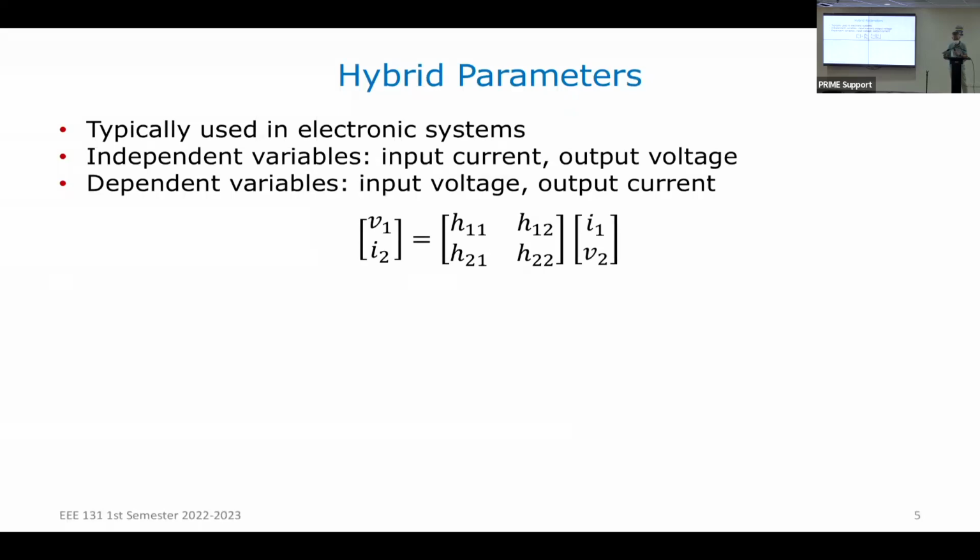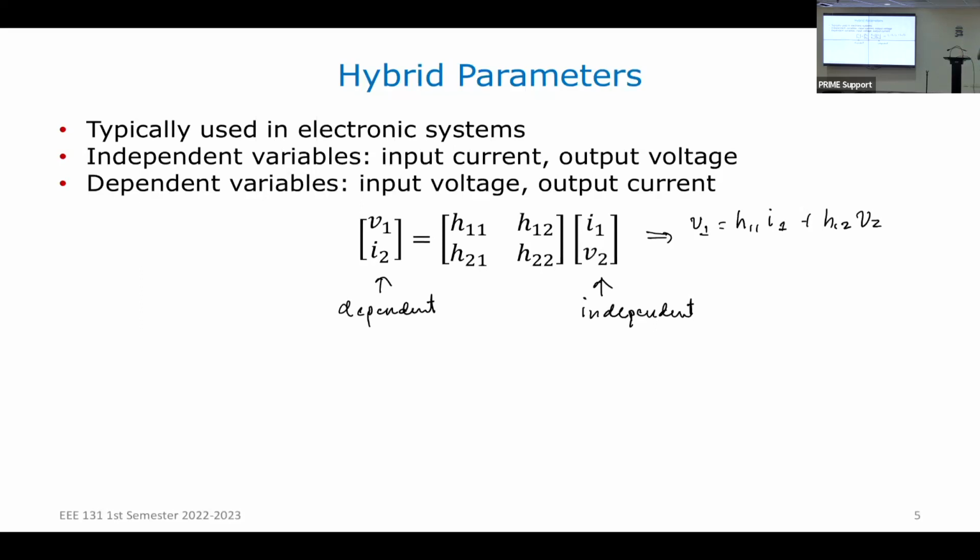Okay, so you have V1. V1 is equal to H11 I1 plus H12 V2. Remember, these are your dependent and these are your independent. And standard yan. Sa hybrid model, the independent are the input current and the output voltage.